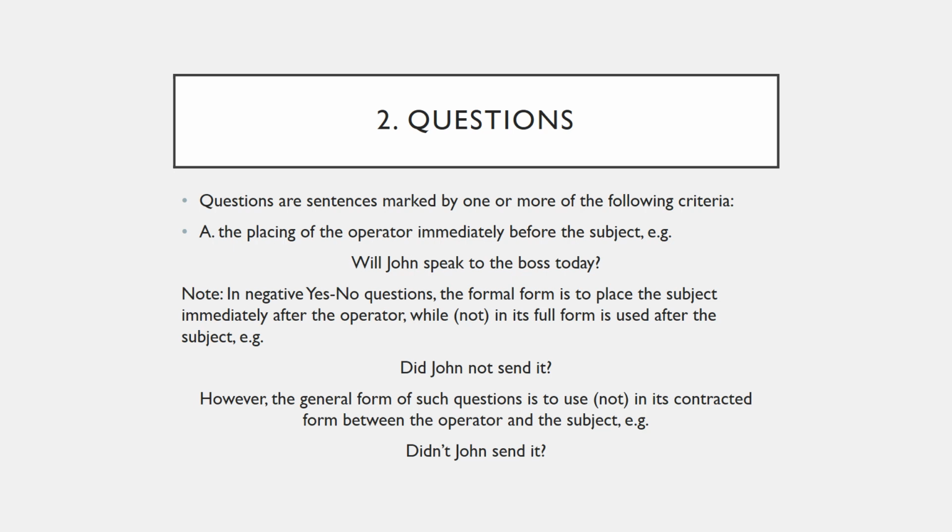So this contracted form of the not will separate the operator and the subject. So the informal form of the negative yes/no question will be: didn't John send it? Didn't John send it? Now, this is the first form of questions in English, in which we place the operator before the subject.